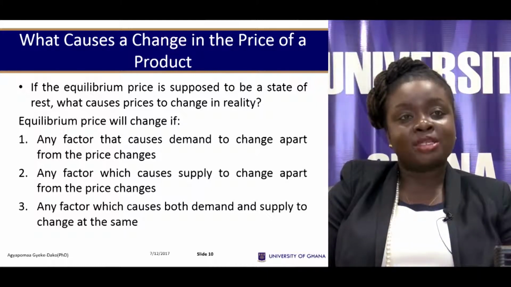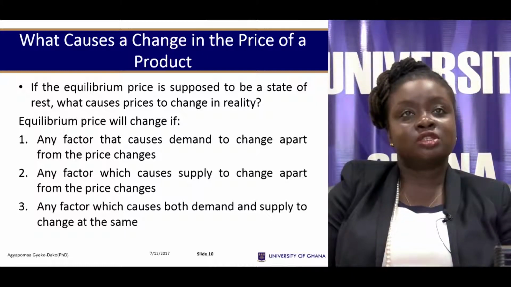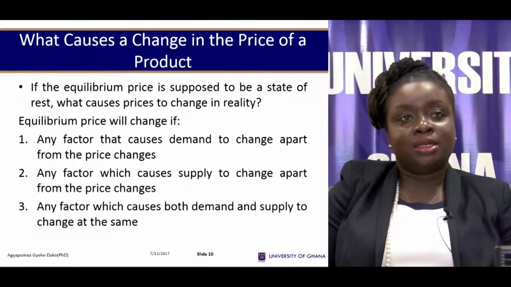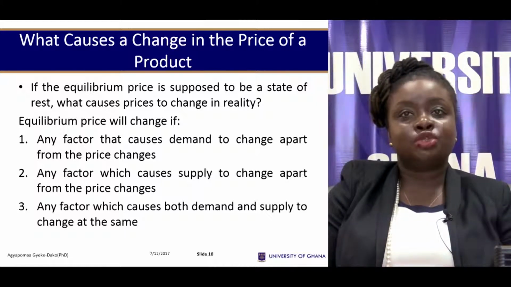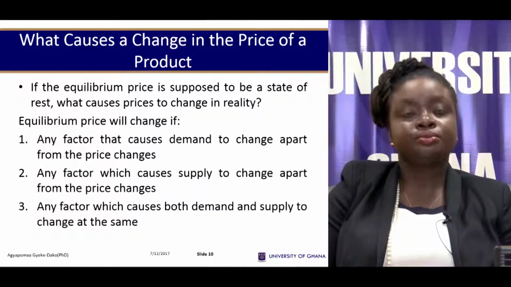Remember that once the prices change in the real world, we get to another equilibrium price, and there would not be any tendency for the price to change unless an external shock occurs. So what actually causes prices to change in the real world? One, any factor that causes demand to change apart from the own price of the product can cause the equilibrium price to change.